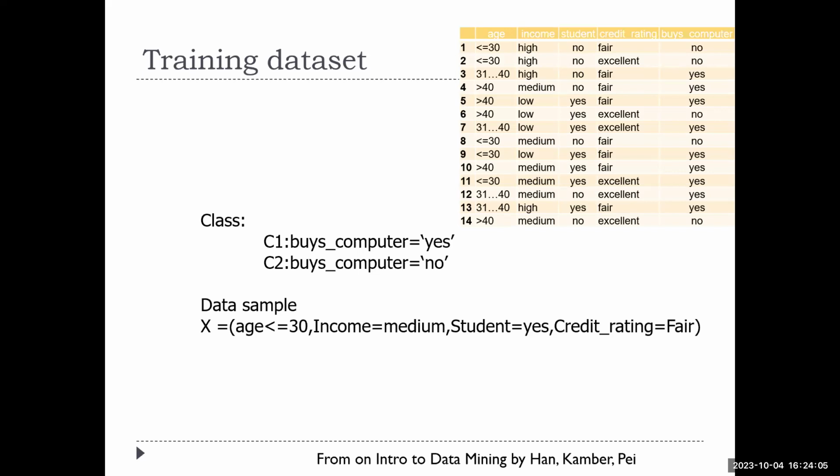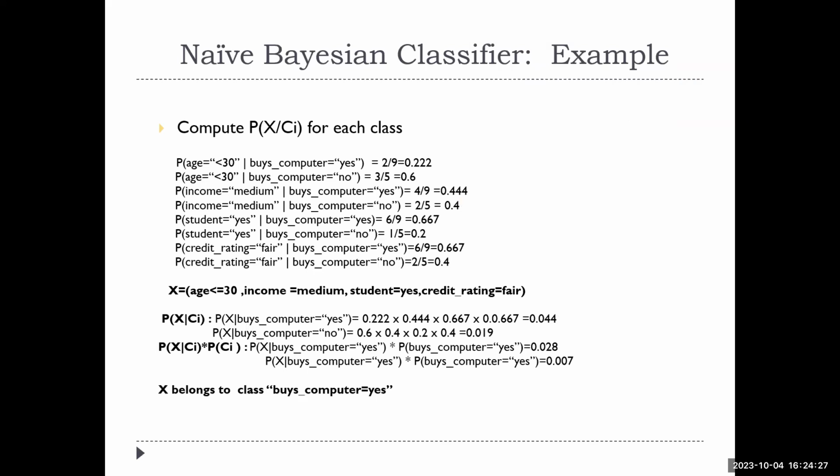Our class is buys computer. I would like to determine the class of a new sample, whether this person is likely to buy a computer or not. So I am going into the answer. Let's do it like this.